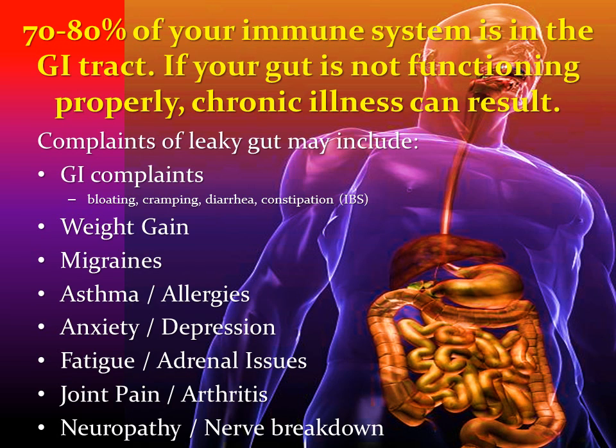So everything is talking to each other, and if anything is awry, it's going to affect other systems. So some of the things you might see, of course, are the typical bloating, cramping, diarrhea, all those things going on with the gut, but you'll see weight gain, and it's been associated with migraines, allergies, emotional issues, joint pain, the list goes on and on.